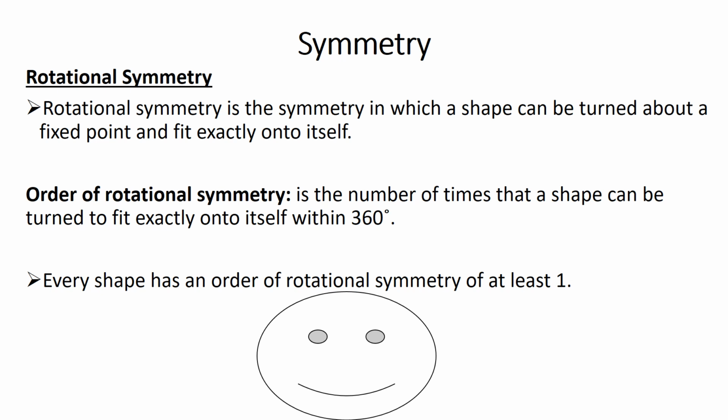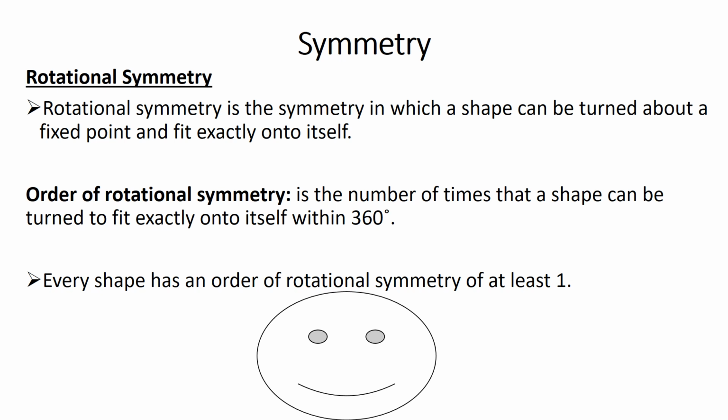Remember, this is the original position. If you turn something, it's not looking the way it was at first until you get to the original position. It means you have turned 360 degrees, and still that shape has a rotation symmetry of order 1.